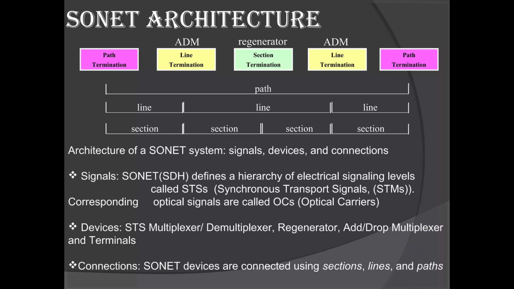Sometimes by adding some extra signals to the dropped signal, this will be used. Next, connections. As I said already, the Sonet path, line, and section layers are connected across the Sonet devices. So this is the architecture of Sonet.